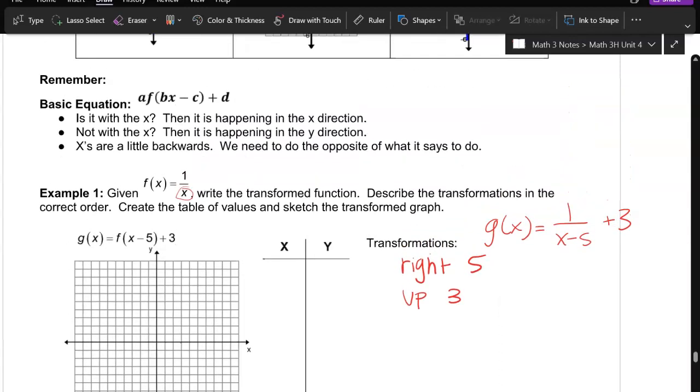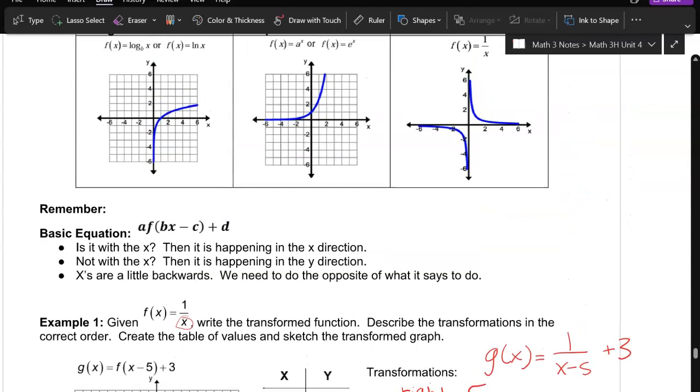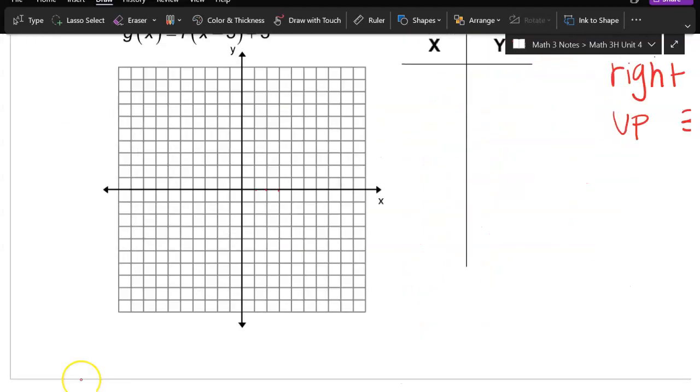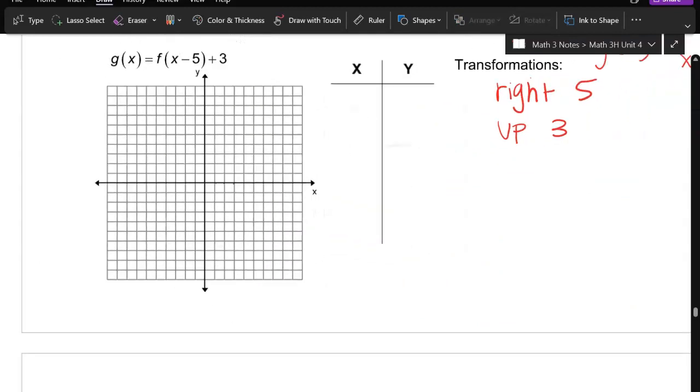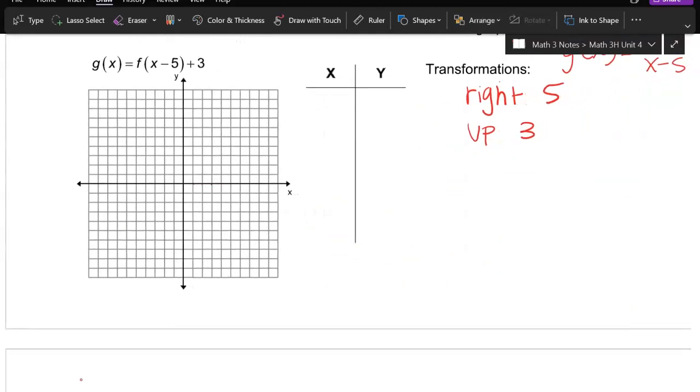So if we look at our parent function, we have the 1 over x. It has our asymptotes at 0, 0. So that's what's being moved to the right and to the left. So our asymptotes are the ones that move. We're going to go right 5 and up 3.